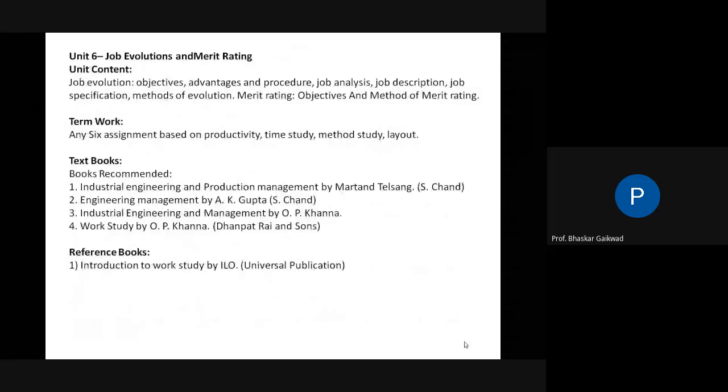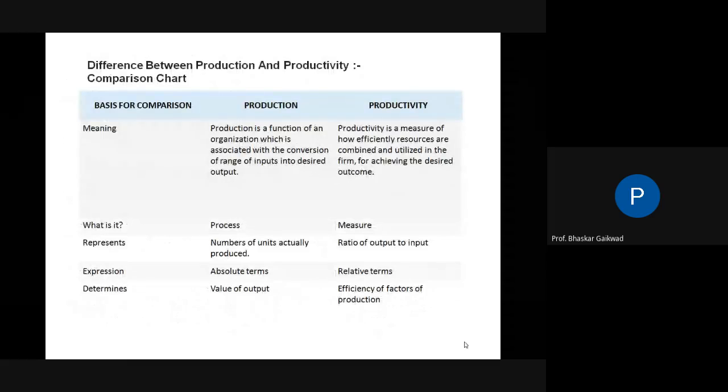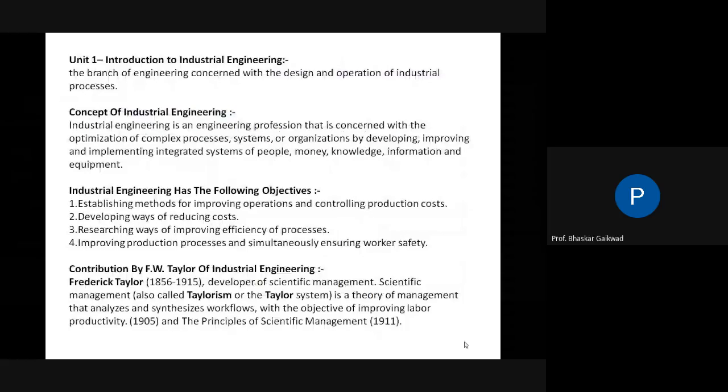Let us go through the revisions of this, and then we will go to the next unit, that is method study. In the last two or three lectures, we have gone through the introduction to industrial engineering. So what is actually industrial engineering?